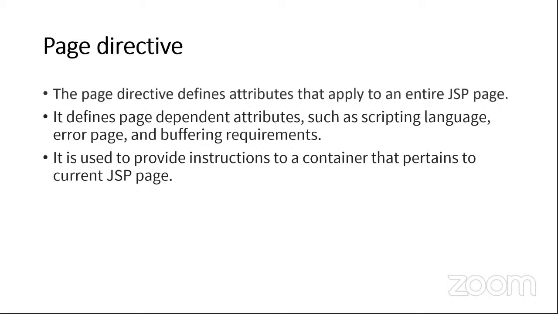It's also used for providing instructions to a container that pertain to the current page, so to provide a description about that particular page, we can use this page directive.